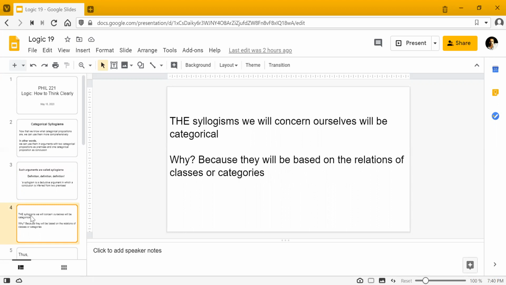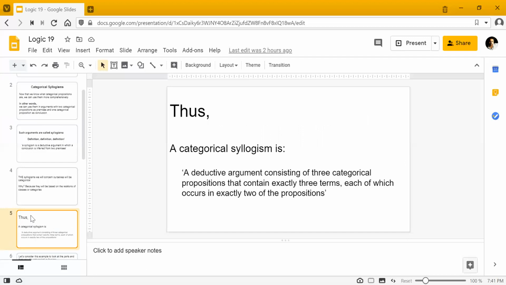The syllogisms we will be concerning ourselves with are categorical. What does that mean? It means the same thing as categorical propositions. That is, we'll be discussing relations within propositions. So you'll have one term and the other term, and the relations between those terms will be defined further to reach a conclusion.